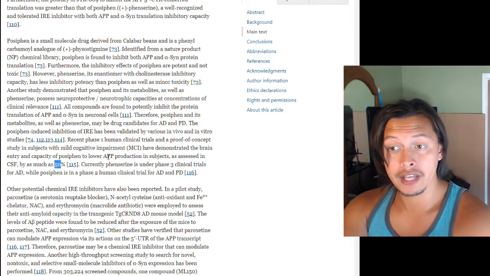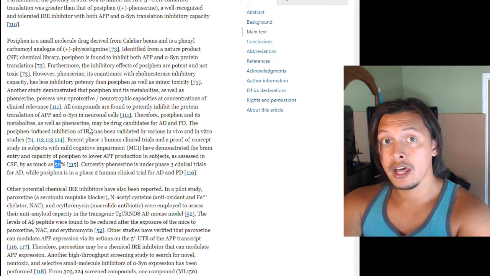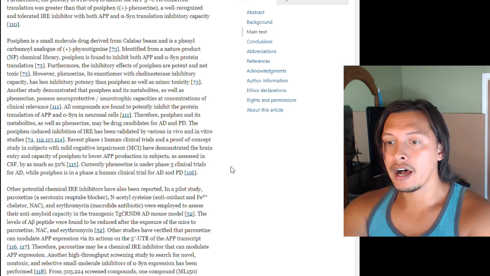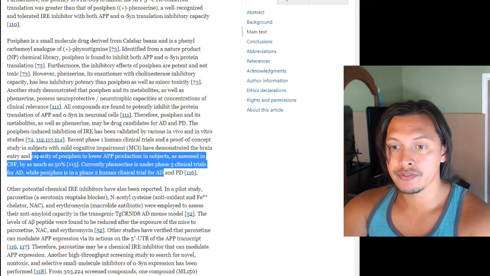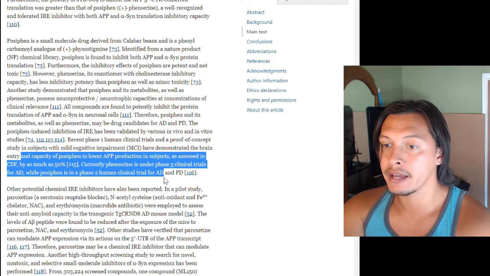Yeah, so if you can lower the APP production by as much as 50%, you could seriously reduce the amount of plaque that is forming. So currently, phenserine is under phase 3 clinical trials for Alzheimer's disease, while posifen is in a phase 2 human clinical trial for AD and PD.